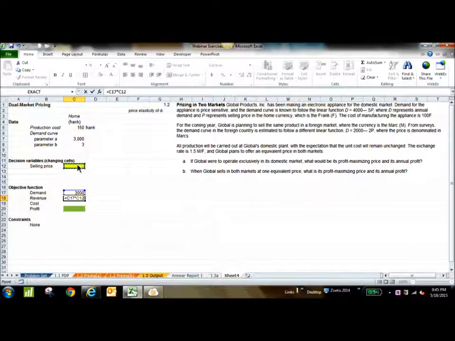Cost will be the demand times the unit cost. Profit will be revenue minus cost. Of course, it shows a negative number until this populates. So this is how to set up the model before you run Solver.